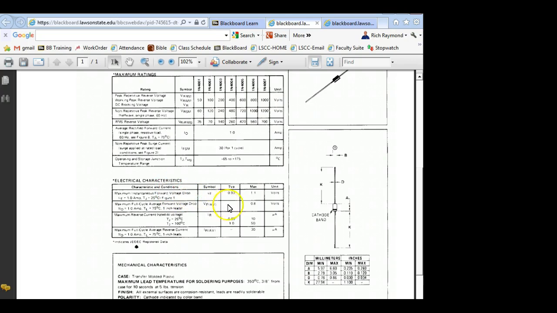Maximum forward instantaneous voltage up to there. Maximum full cycle voltage. This is the maximum full cycle forward voltage drop at 1 amp at 75 degrees centigrade. And notice this data sheet gets into pretty good detail. It talks about the length of the leads.